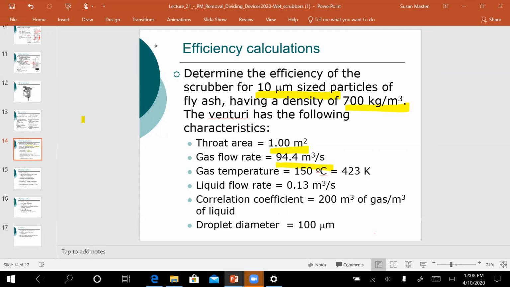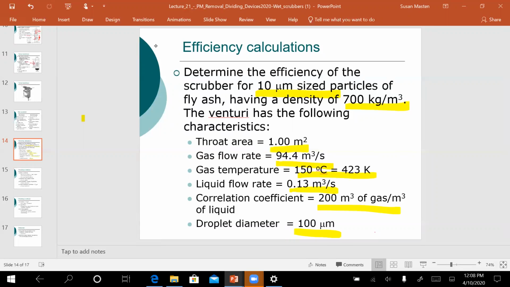We have a gas flow rate of 94 meters cubed per second. We have a gas temperature of 150 degrees C or 423 Kelvin, a liquid flow rate of 0.13, a correlation coefficient of 200 meters cubed of gas per meters cubed of liquid, and a droplet diameter of 100 microns.